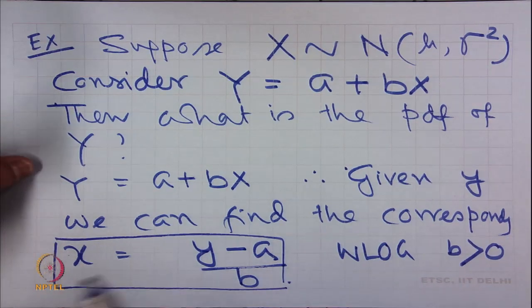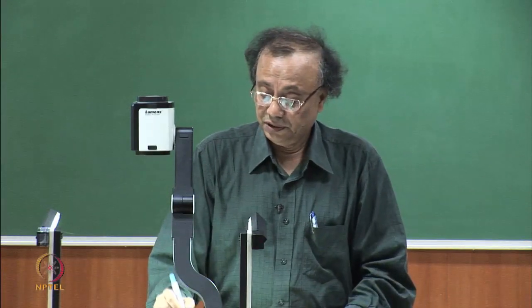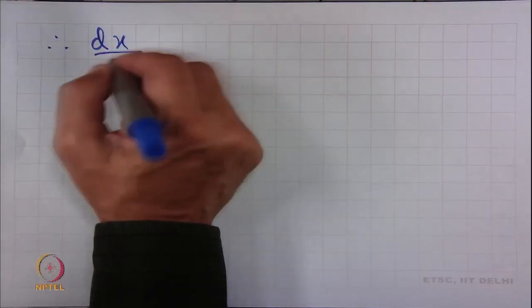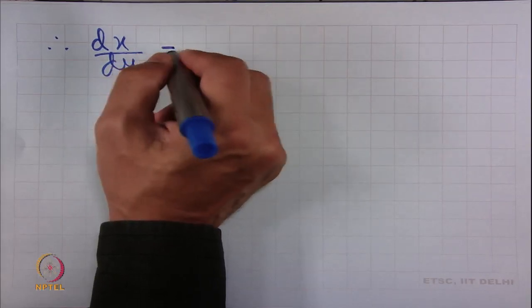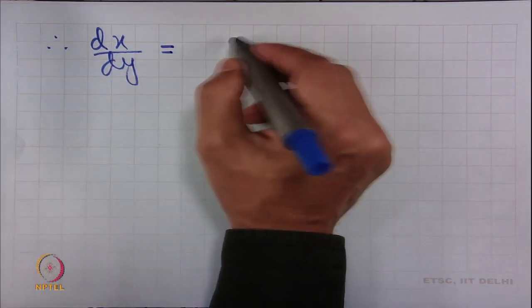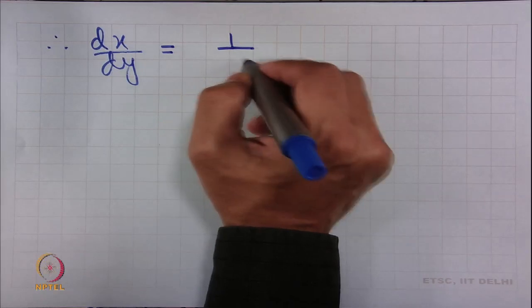Since x is equal to y minus a by b, therefore, dx dy is equal to 1 by b.